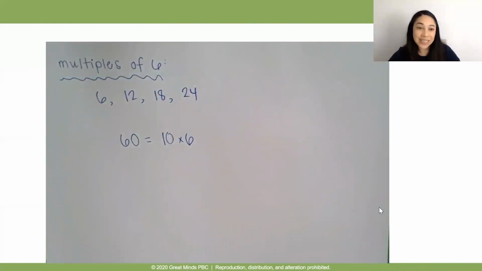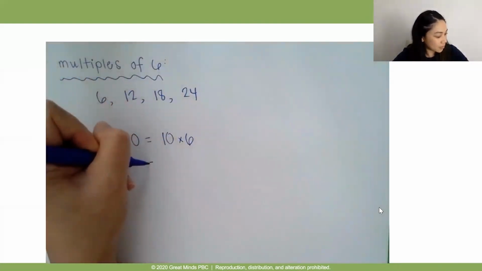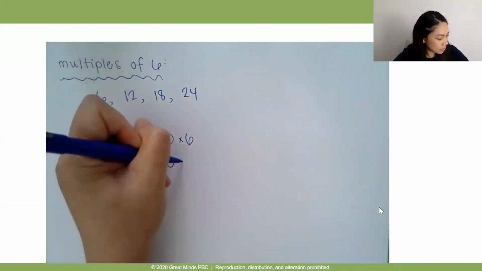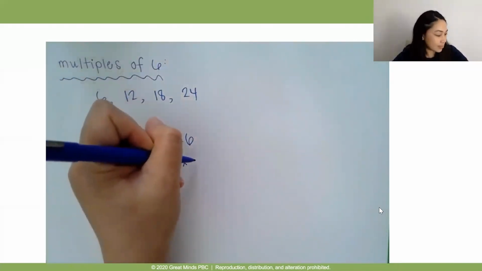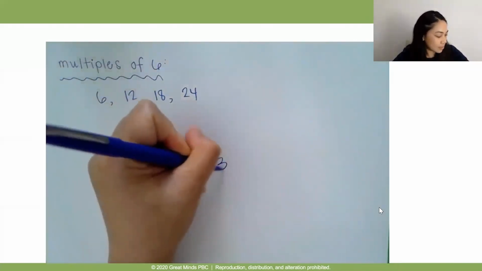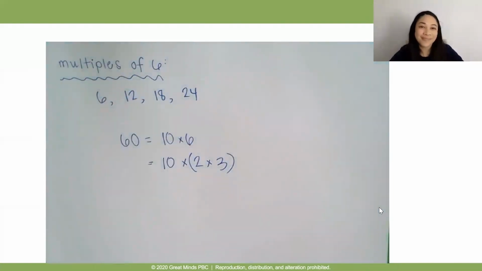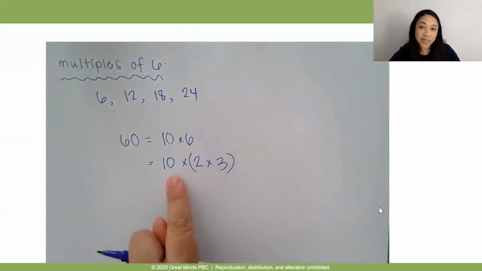We can factor 6 and write it the following way. Let's now associate 2 with 10.